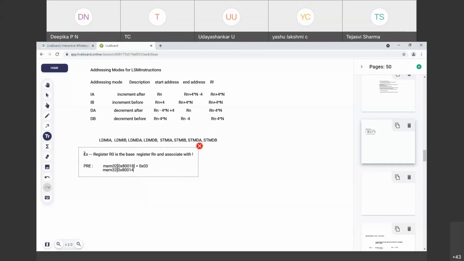Let's say this memory address is 0x80014. One is 18, another is 14. Try to understand that the difference is 4.